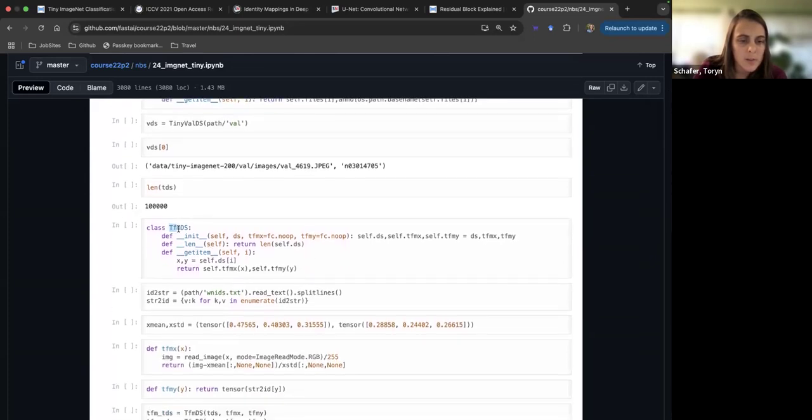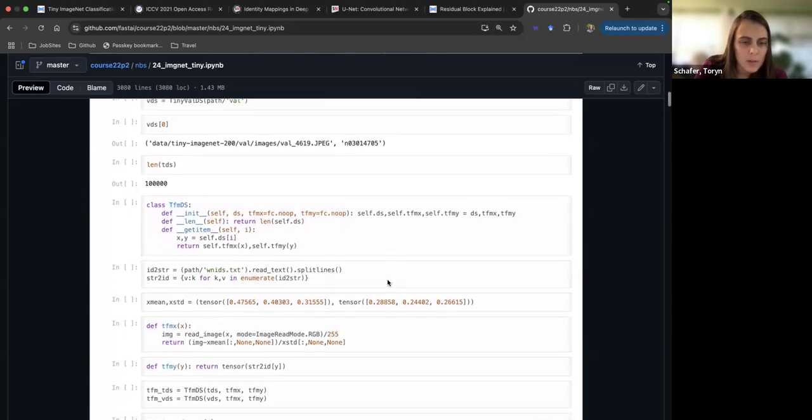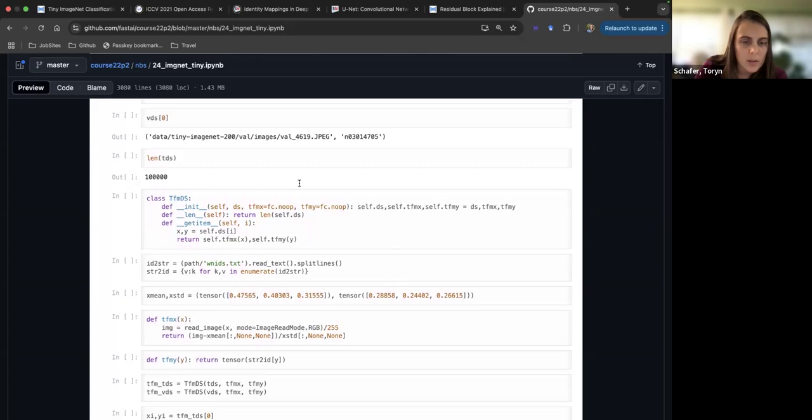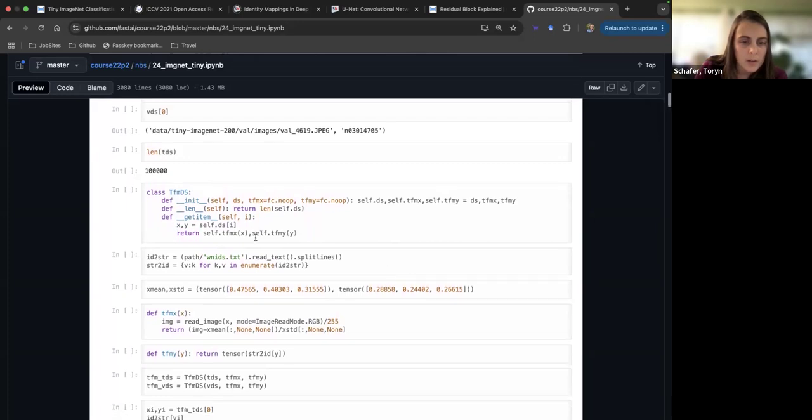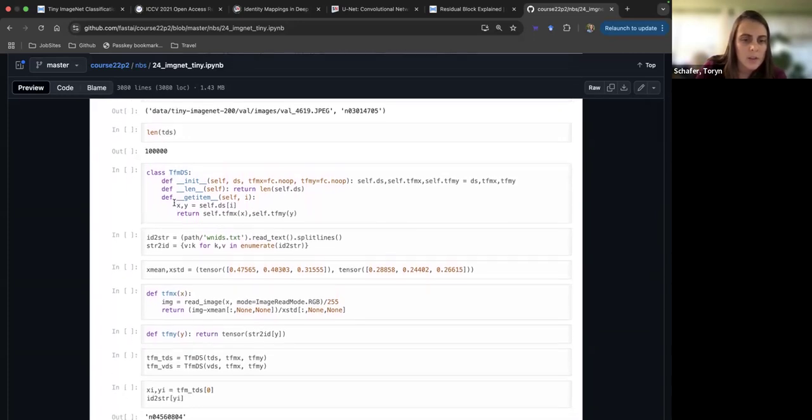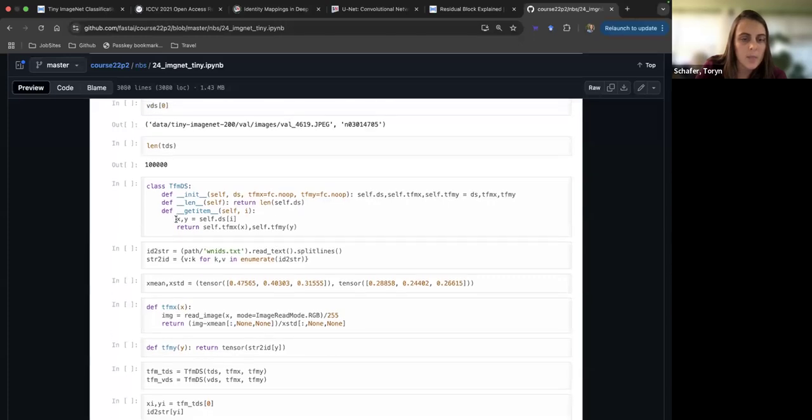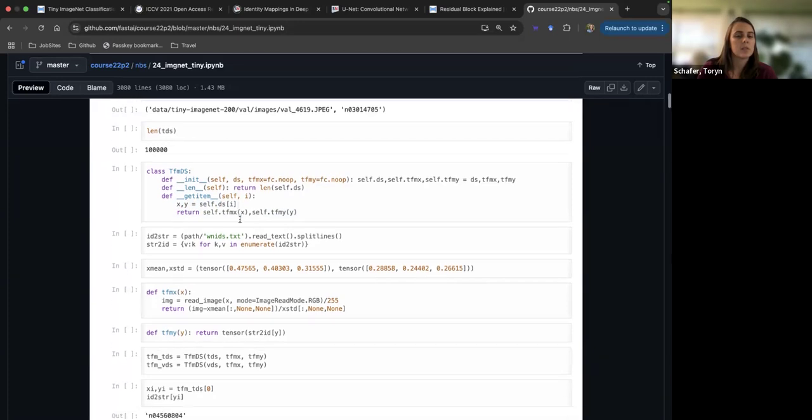Okay, and then we have these transformations for our data set. And you can see that explicitly here where we have what we're returning, inputs and outputs are both being generated from one object here, I believe.